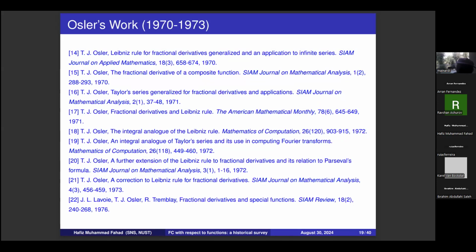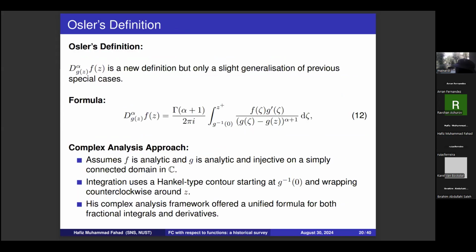So here is the list of his papers published between the years 1970 to 1973. And Osler introduced a new definition for fractional derivatives with respect to an arbitrary function. His formula, which extends previous definitions, uses complex analysis techniques to unify fractional integrals and derivatives.